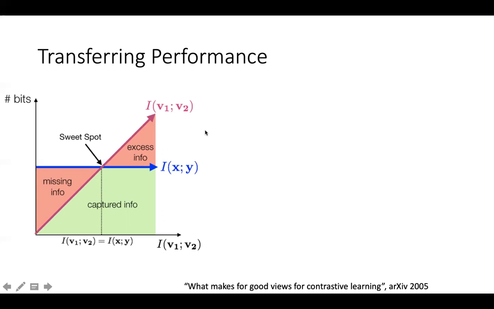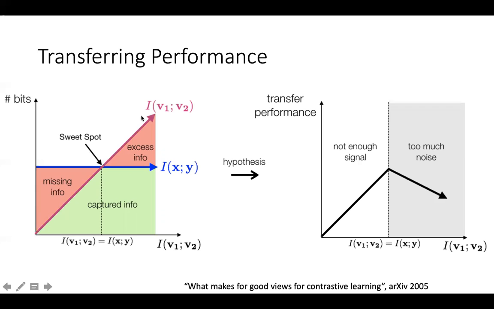In this case, it traces this trajectory. You can imagine at the very beginning, we are filling in task relevant information bits, so you get more and more information about the downstream task, and the transfer performance just keeps improving.